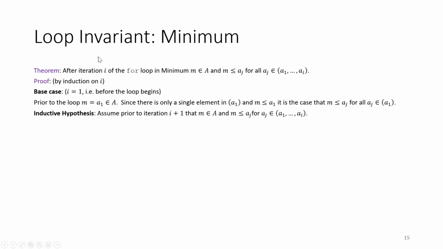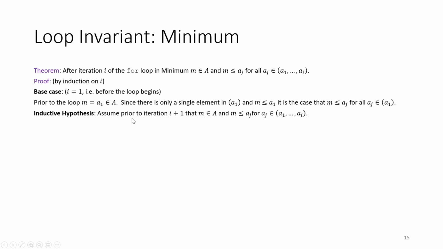So the statement here is exactly the same statement that we have written up here: m is an element of A, m is less than or equal to aj for all aj up to and including ai. Again, this is our inductive hypothesis. We're assuming that prior to iteration i plus 1, or after iteration i, if you like, this is true.